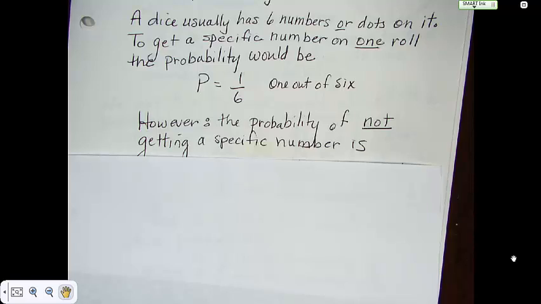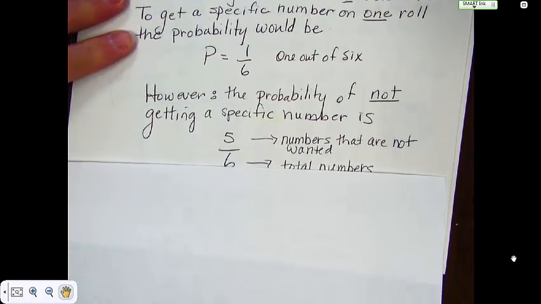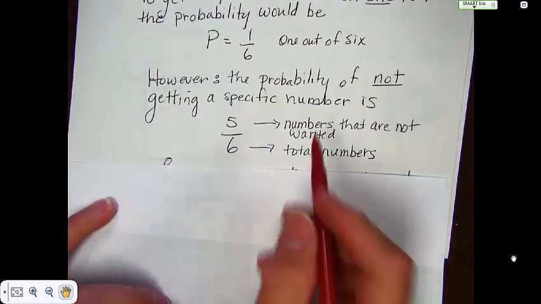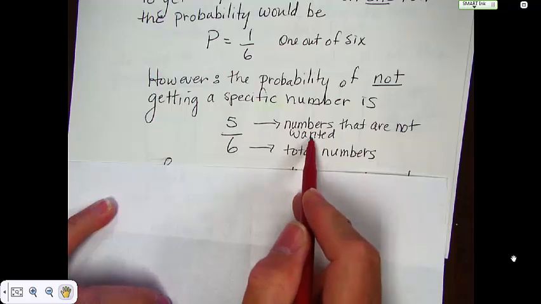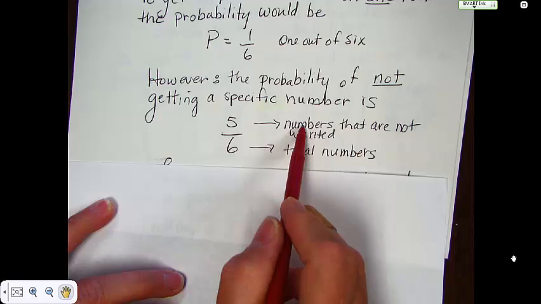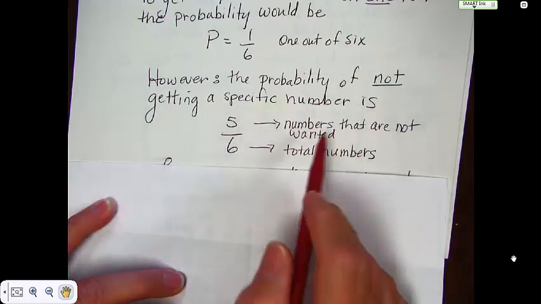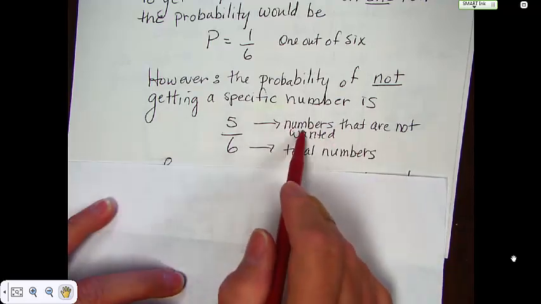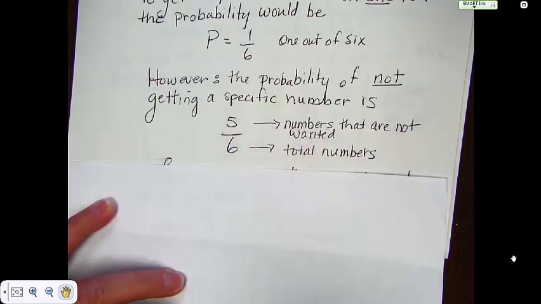However, what is the probability of not getting a specific number? Well, the probability of getting it is 1 out of 6. So its complement is the probability of not getting it, which is 6 minus 1, which is 5 out of 6. These are the numbers that are not wanted. Say you wanted 3. These would be 1, 2, skip 3, 4, 5, 6, because you don't want 3.